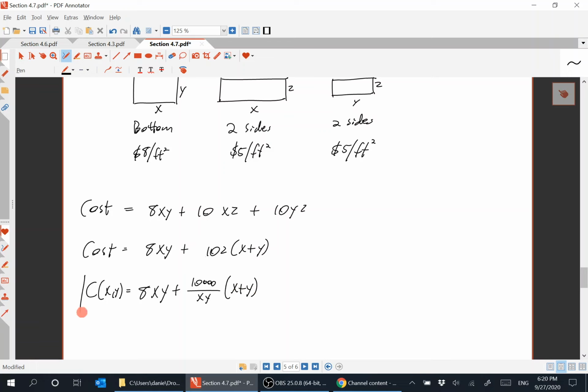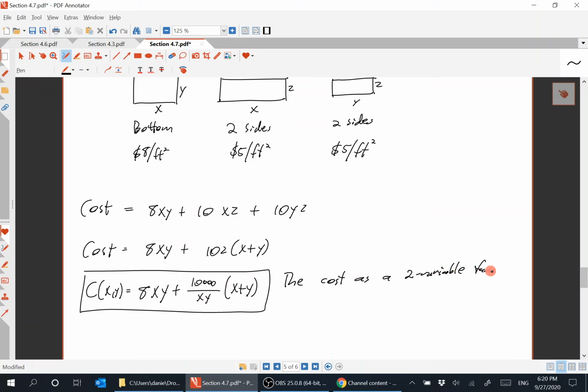So there's the cost as a two-variable function, which we wish to minimize.